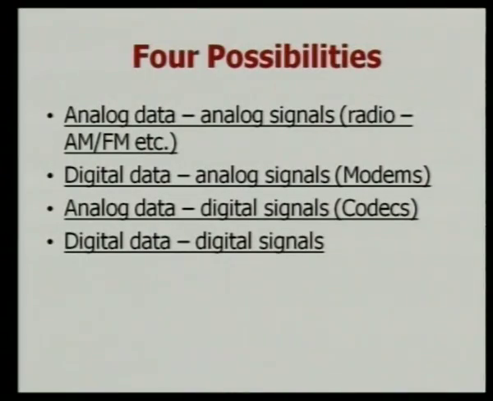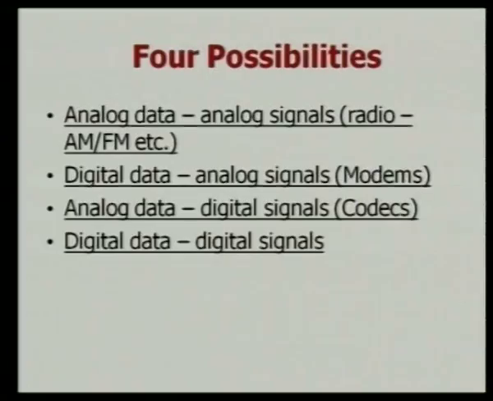The third category is analog data and digital signals. Now what is analog data and digital signals? The data as such is analog, say music or something like that, and the signal is digital. Okay. So an example of this would be, for instance, you have a sound card in your system. Now what does a sound card do? In the sound card, let's say you are recording something through the microphone. Through the microphone, an analog signal is taken in, recorded, but it is stored inside in digital form.